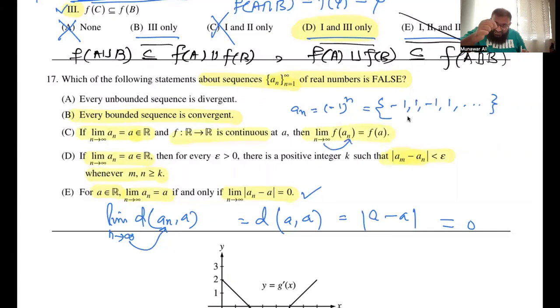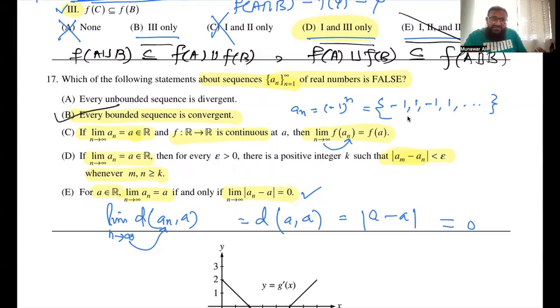So if the function is continuous, you can take the limit inside and you're done. I say that this is the definition of continuity. We have other definitions of continuity as well, like epsilon delta. But in terms of sequences, this is the definition of continuity. That's it. So our correct option for this one is B.